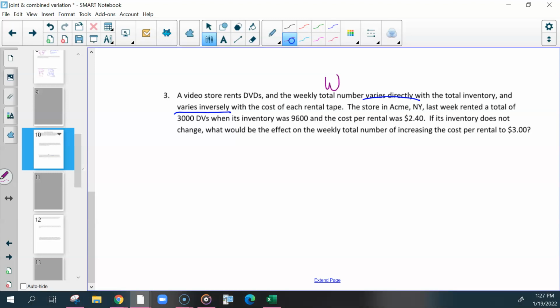Total inventory, call it T, call it I, doesn't matter. And then with the cost of the rental fee, call that C, R, not T unless you put it lowercase. If your variables are different than mine, that's fine.